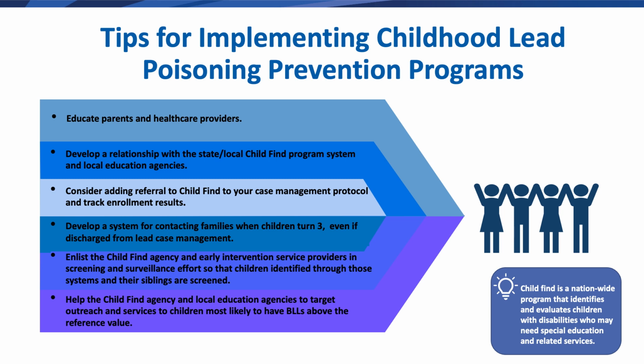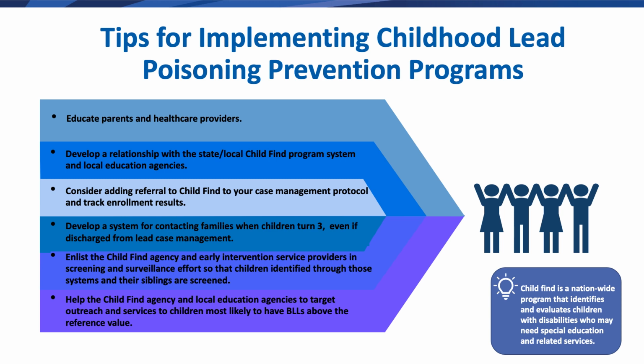Develop a system for contacting families when children turn 3, even if they're no longer in your lead case management system. I understand that it's going to be difficult because children move a lot. But if you enlist the help of the Child Find Agency, other early intervention service providers, and screening and surveillance efforts, the children can be identified through those systems, and their siblings can also be screened.